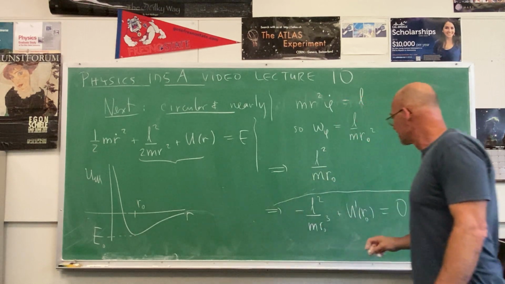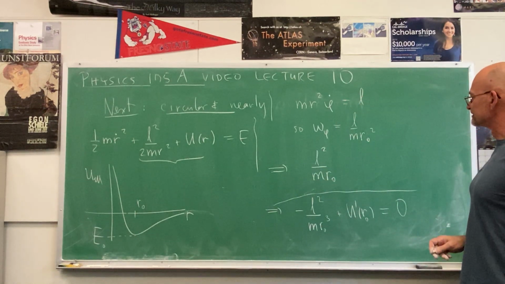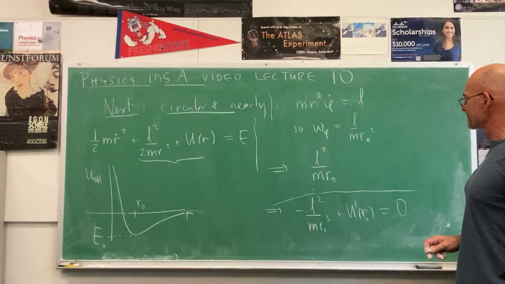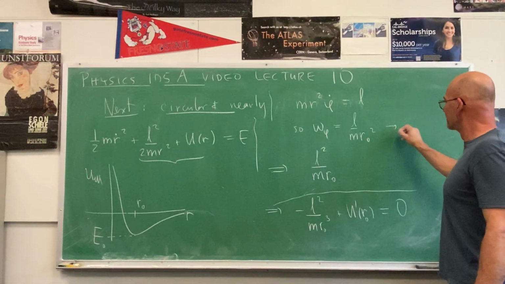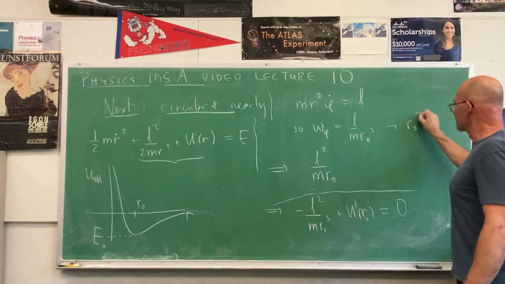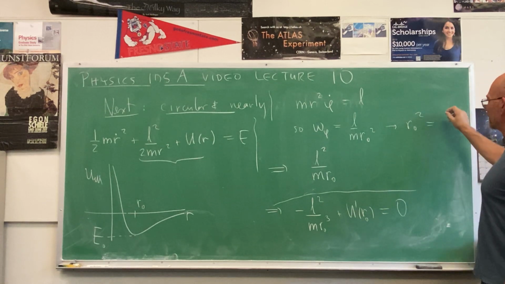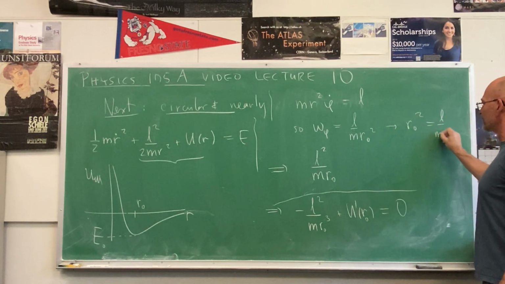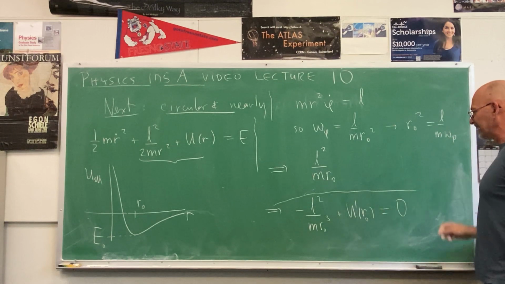And what's r naught squared? R naught squared is equal to L over m omega sub phi.